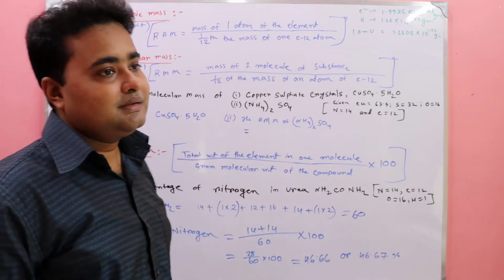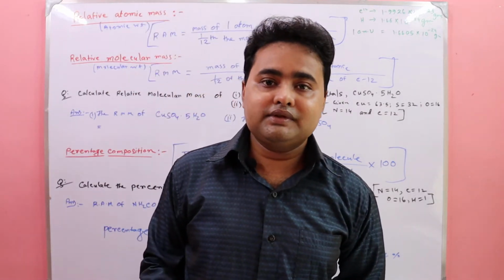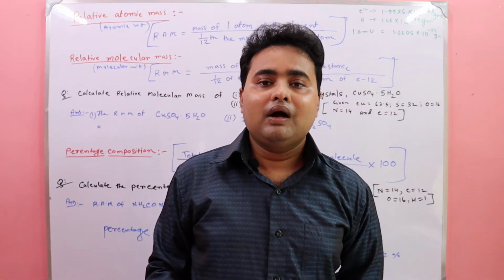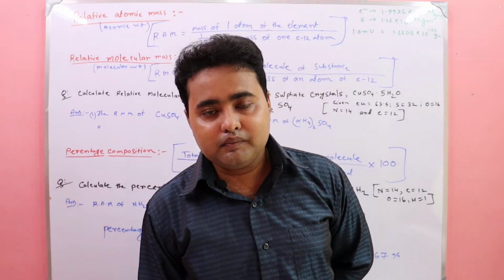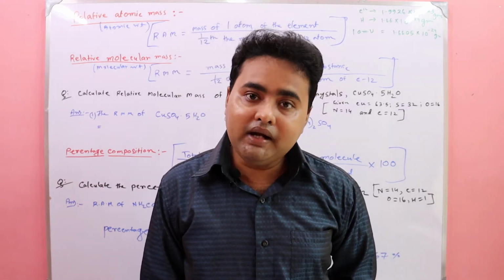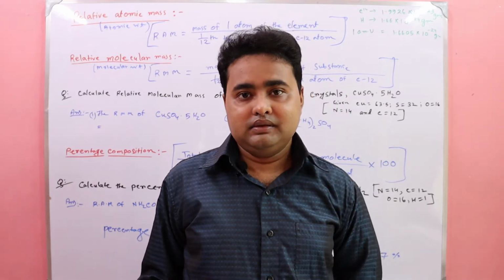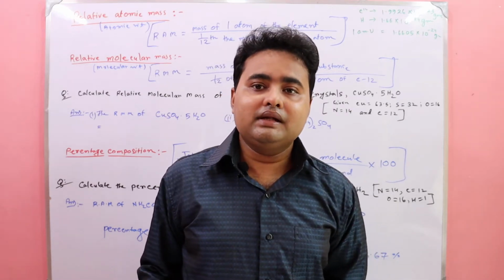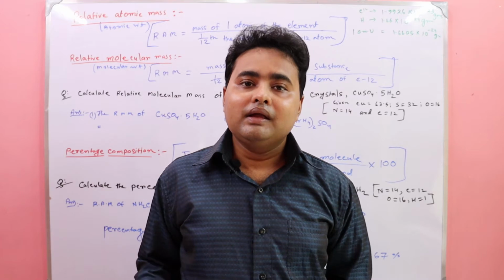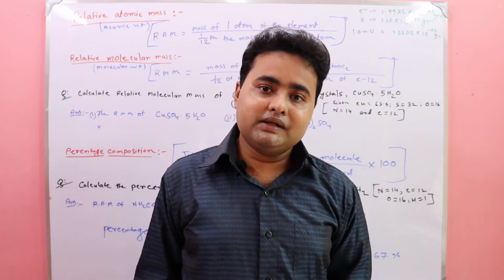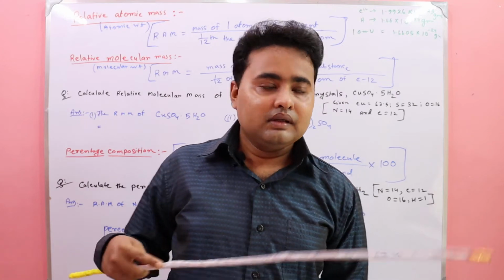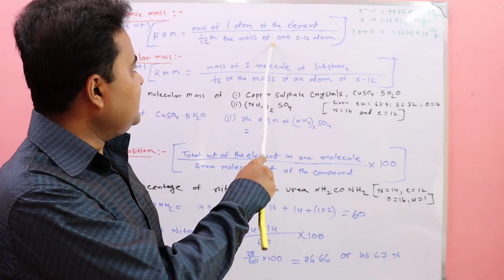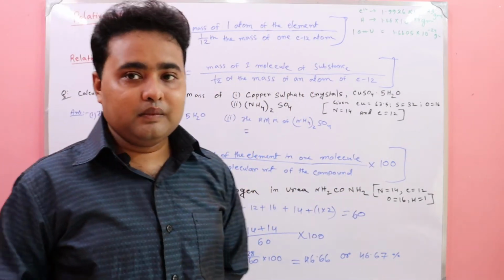First, you have to be clear that if you use the hydrogen atom, you use only the mass of one hydrogen atom as the standard, and above it the mass of one atom of the element.